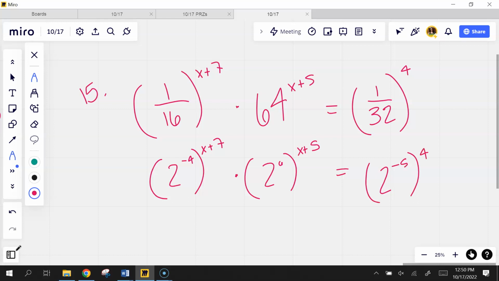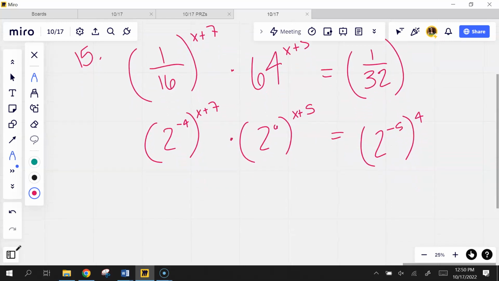Everybody okay there? I'm multiplying, so this is really 2 to the negative 4x minus 28. This is 6x plus 30. And this is negative 20. What shall I do with the exponents now? Add them.